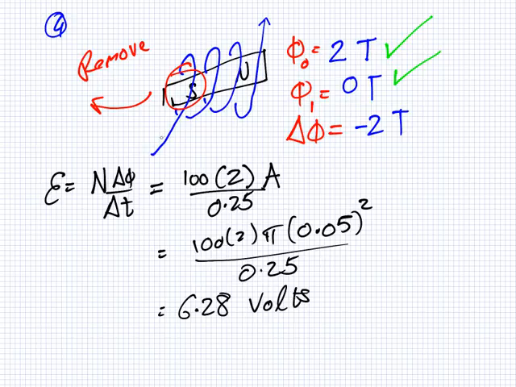Yes, because the current induced will be against the movement of the magnet, the magnetic field. So the magnetic field is moving to the left. There's the magnetic field going around the magnet.